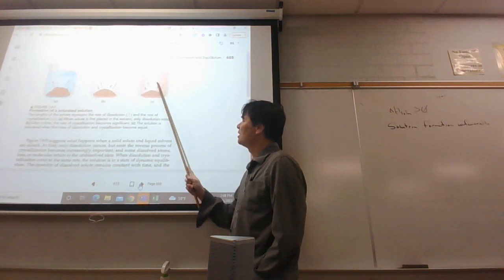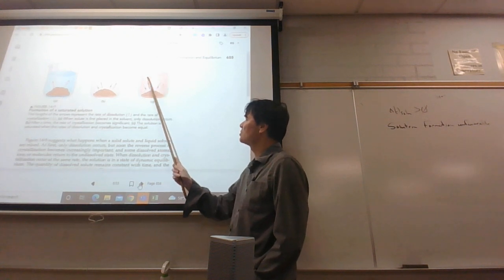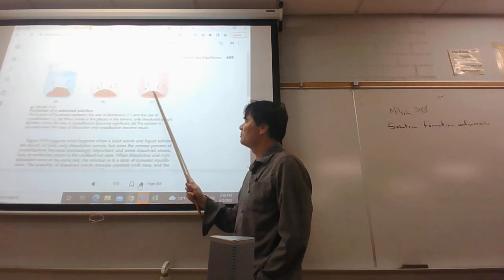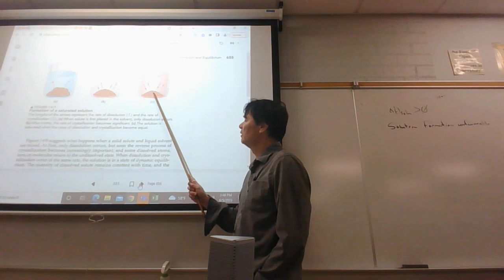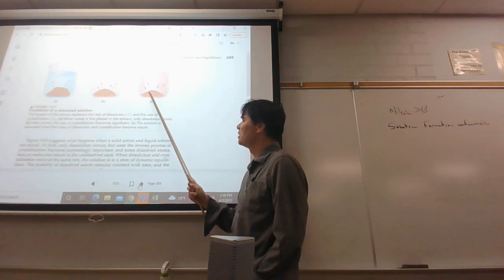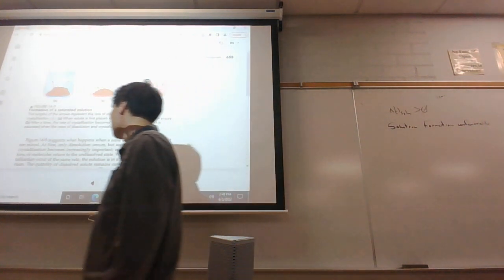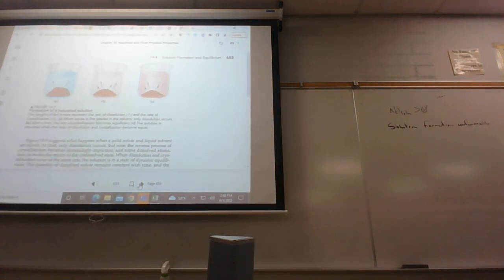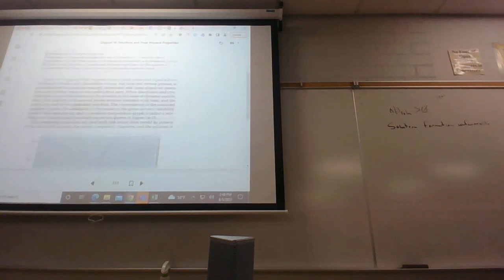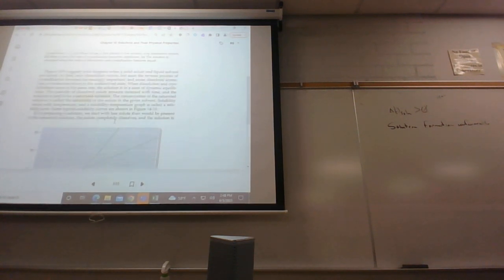But the concentration doesn't change. So the concentration here and the grams of solid particles here don't change. But if you look at the crystals, they're always changing because you're dissolving some and replacing those with new crystals. So that's the dynamic equilibrium of dissolution.